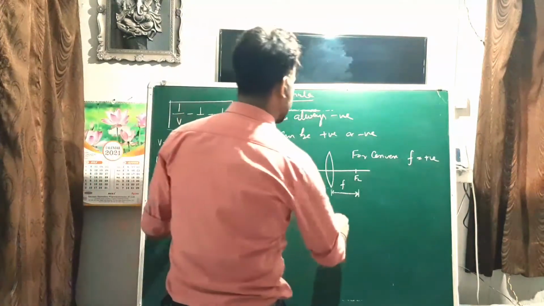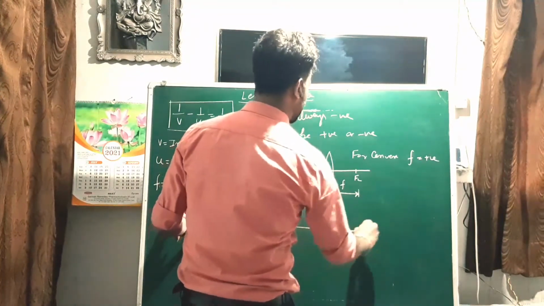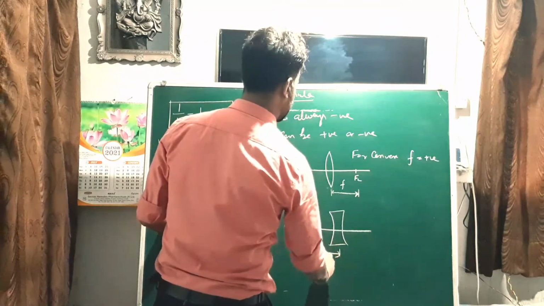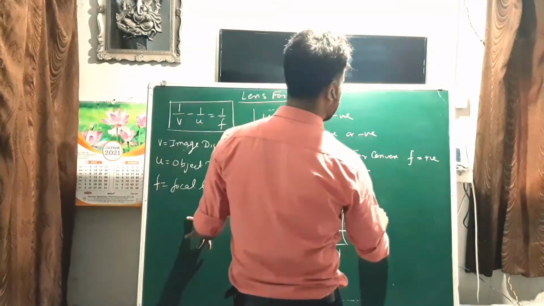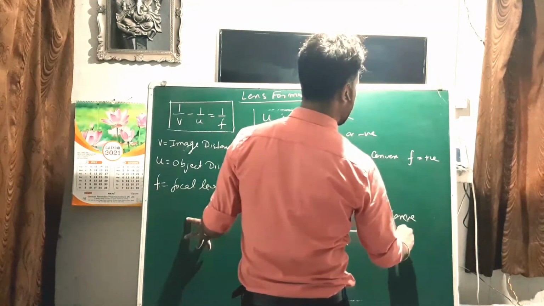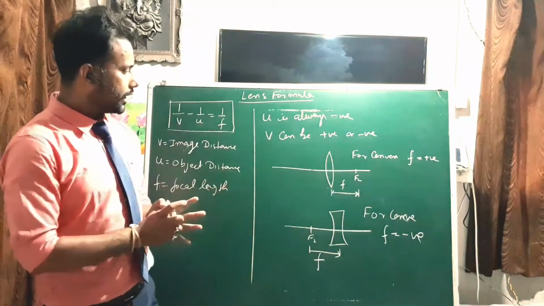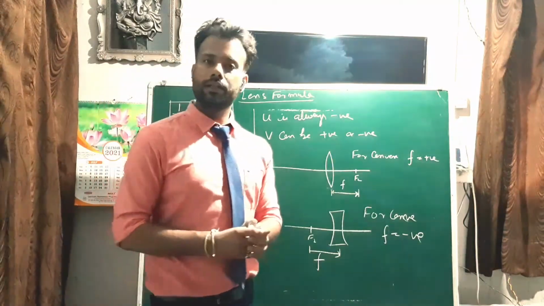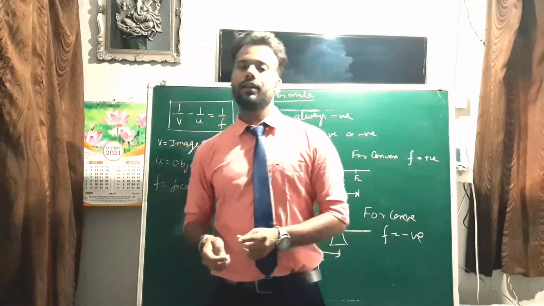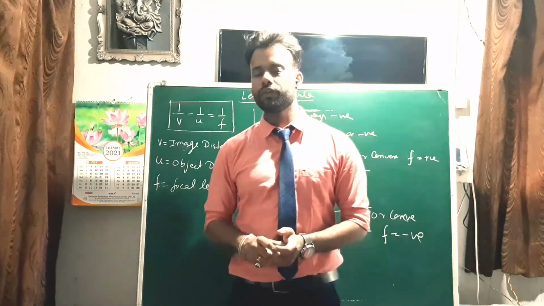But for concave, f is negative. Please take care of these things while you solve numericals, which is positive and which is negative, because if you put the wrong sign, even if you apply the right formula, the numerical will be wrong.